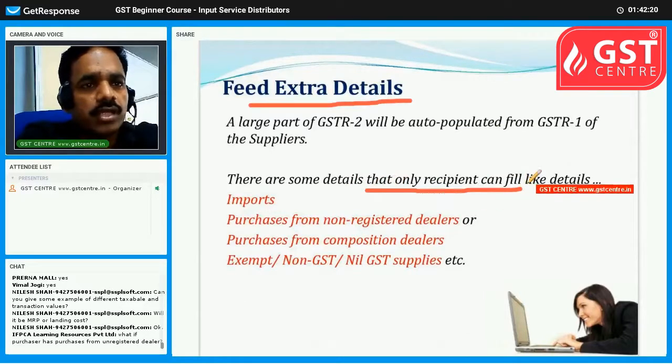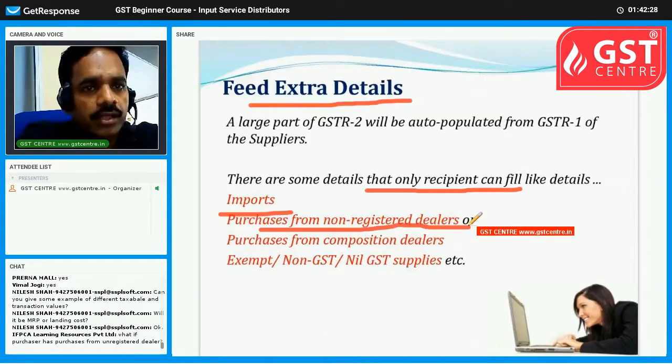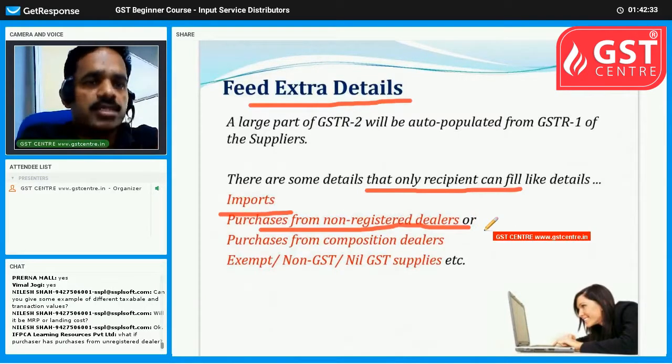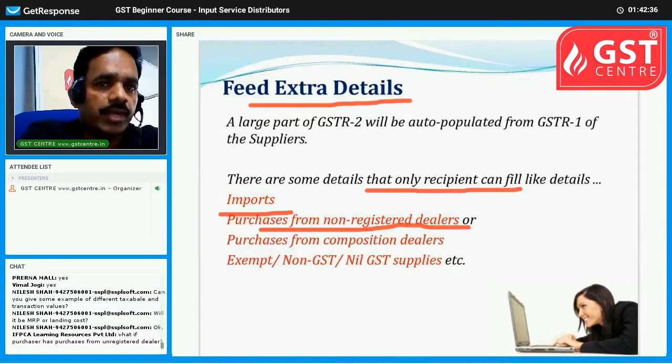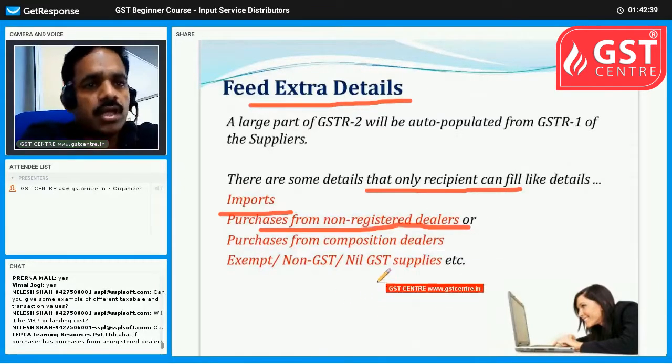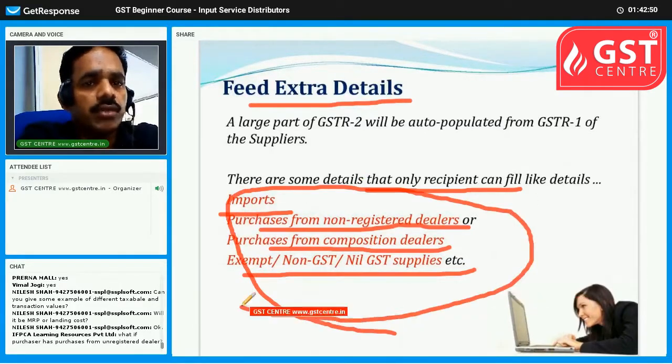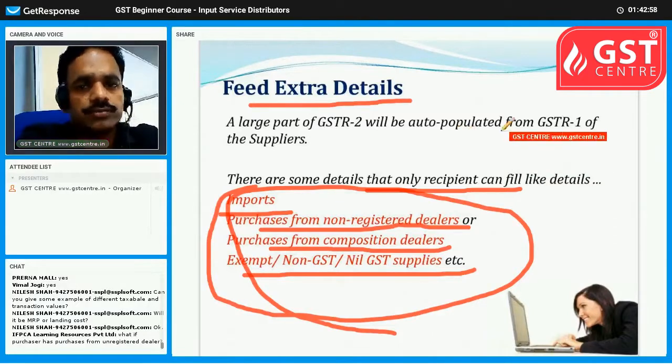Other than that, some details only the recipient can fill, like imports, purchases from non-registered or unregistered dealers, purchases from composition dealers, exempt, non-GST or nil GST supplies, etc. So these details should be filed by the purchaser. This will not be available as per the GSTR1.